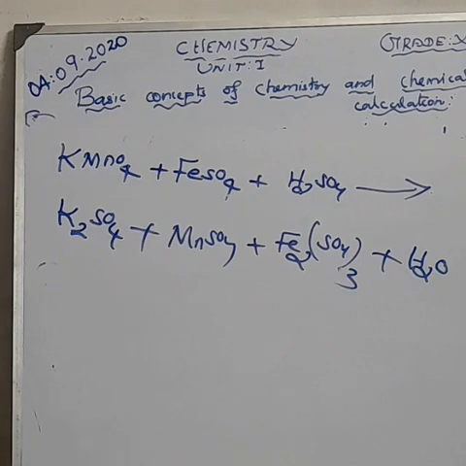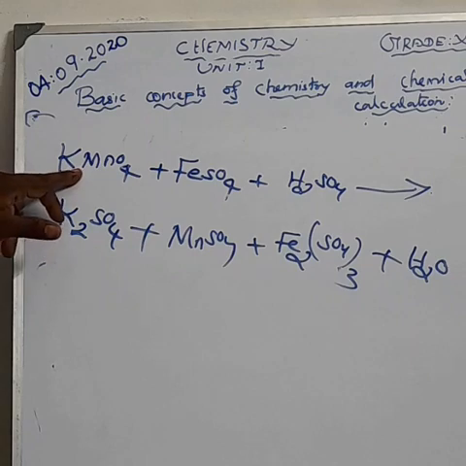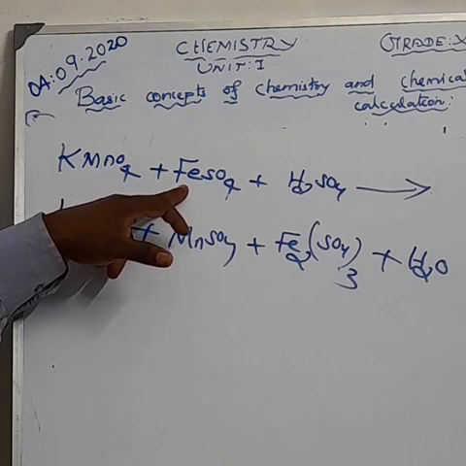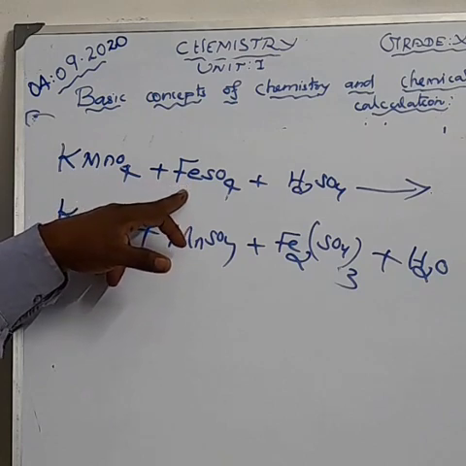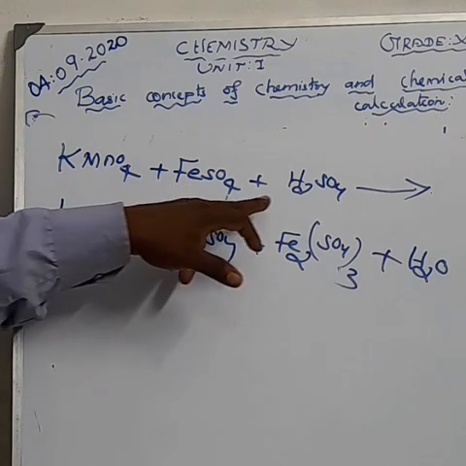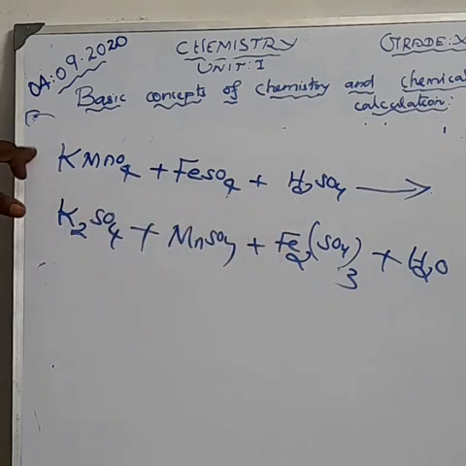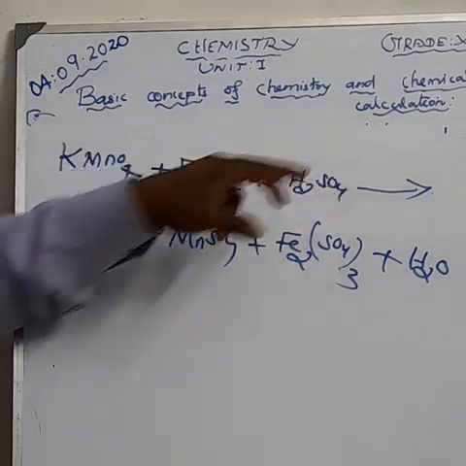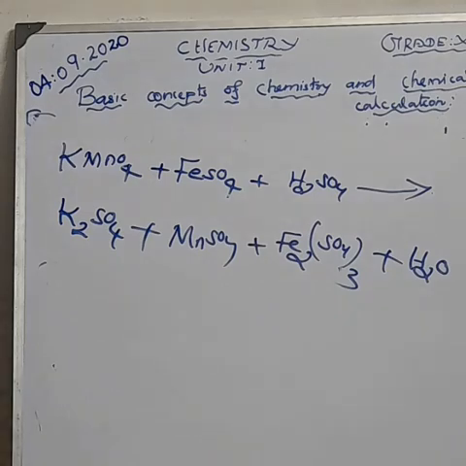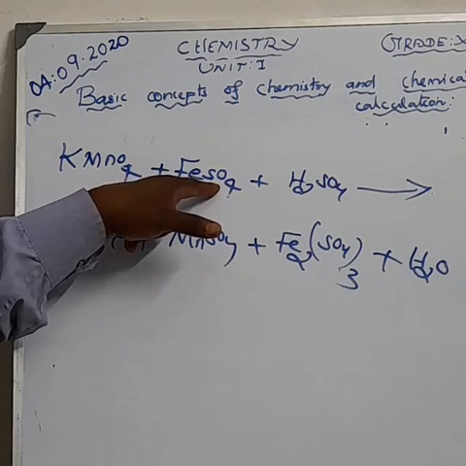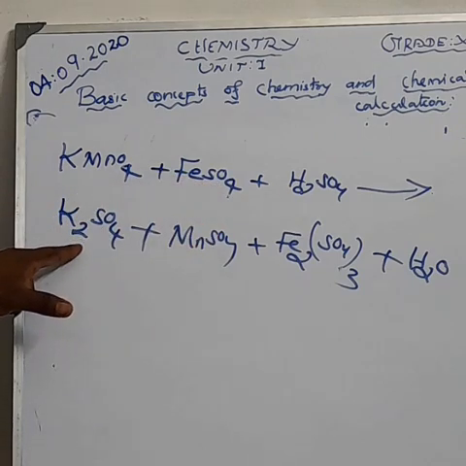Can you learn the equation? First one is potassium permanganate, formula KMnO4, reacts with ferrous sulfate, formula FeSO4, plus sulfuric acid, formula H2SO4. Both reactants are reacting and we get the products. First, potassium combines with sulfate to form potassium sulfate.